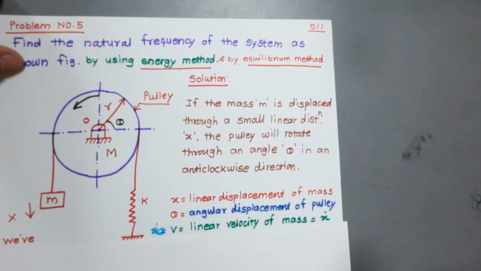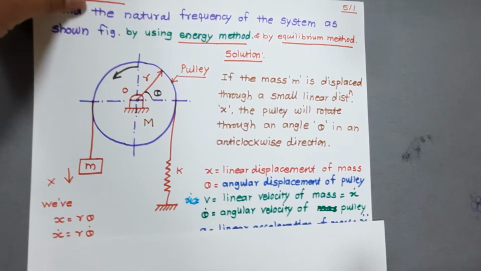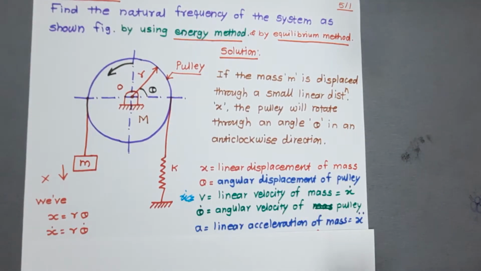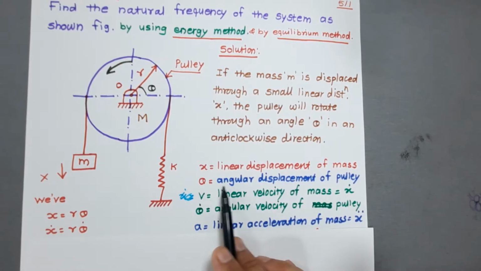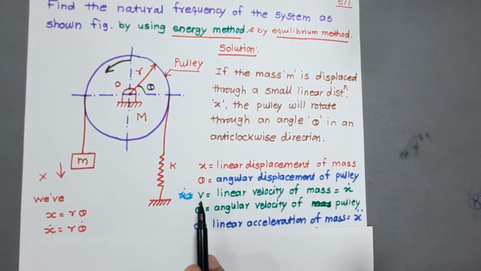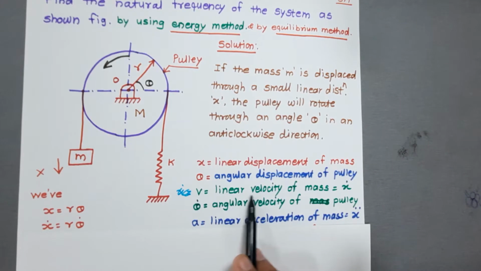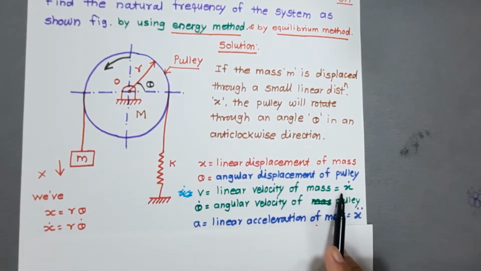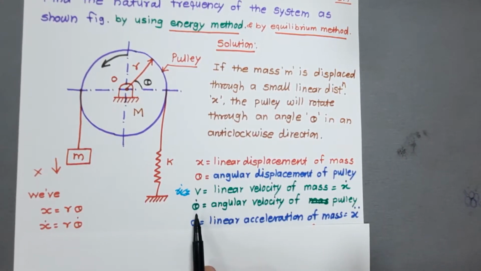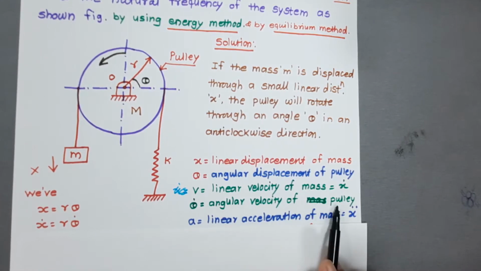Now here, if x is the linear displacement of the mass, then theta is the angular displacement of the pulley. If we take v as the linear velocity of the mass, represented by x dot, then theta dot is the angular velocity of the pulley.